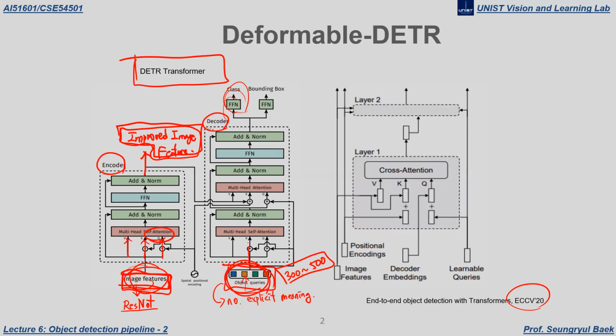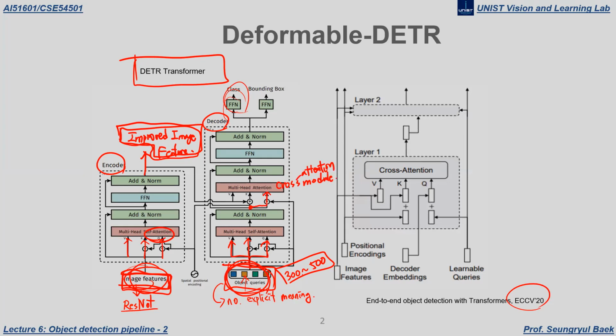And we first apply the self-attention mechanism inside the decoder, okay? And this self-attended output is input to the cross-attention module of the decoder, okay?